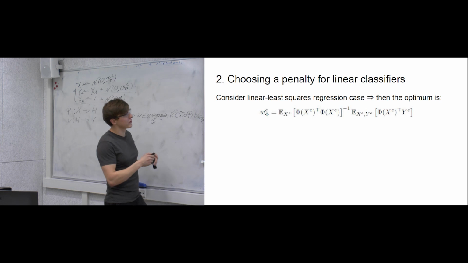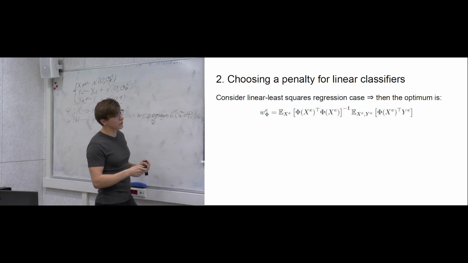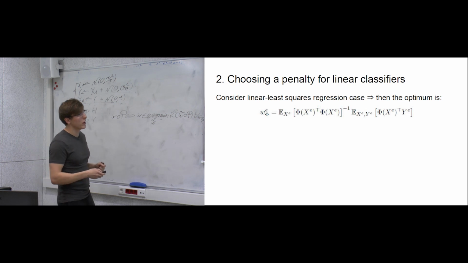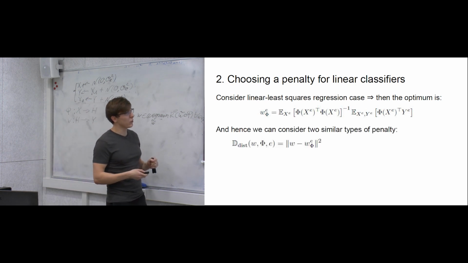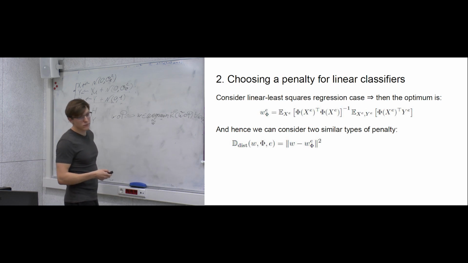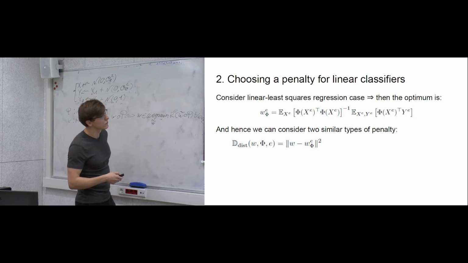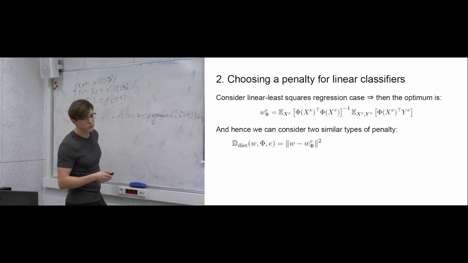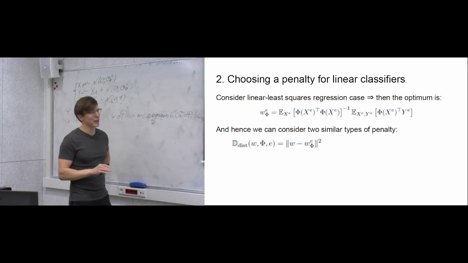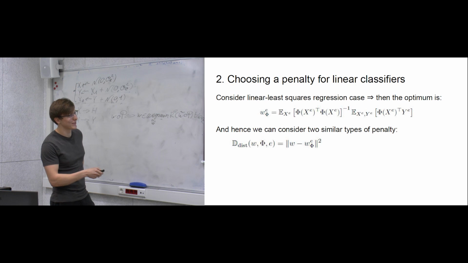So consider just a linear least squares regression. Then we can analytically write the optimum, and we can propose a very simple penalty. In correct brackets, you should first take an expectation and then inverse. The authors of this paper do not like parentheses.